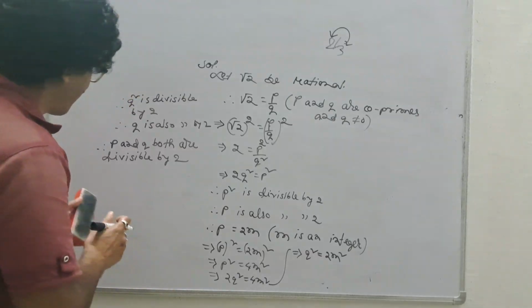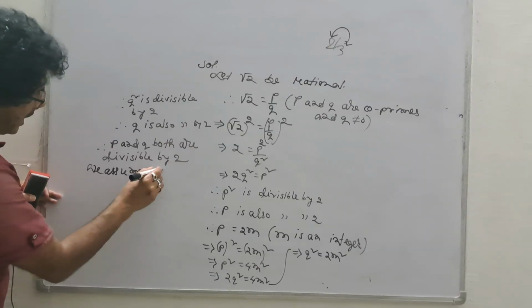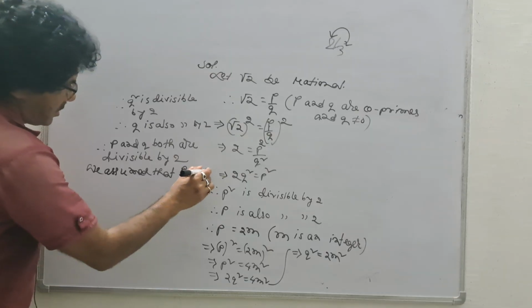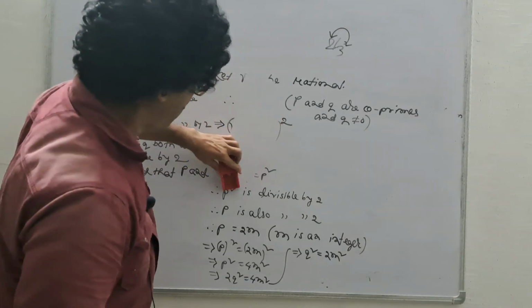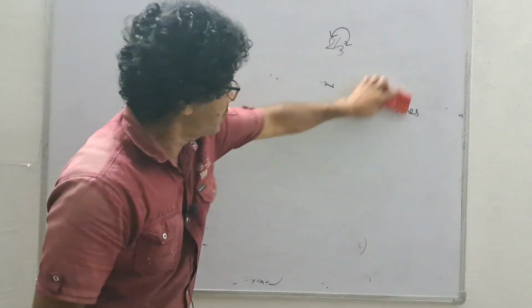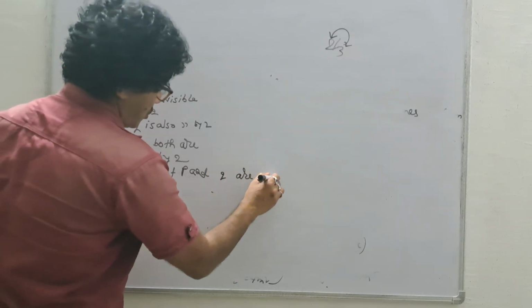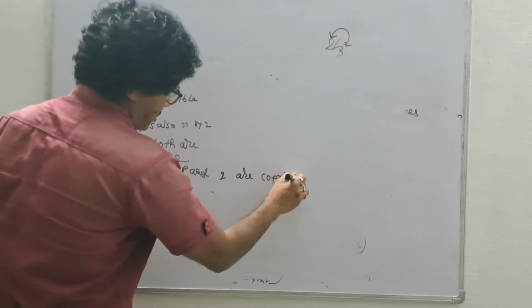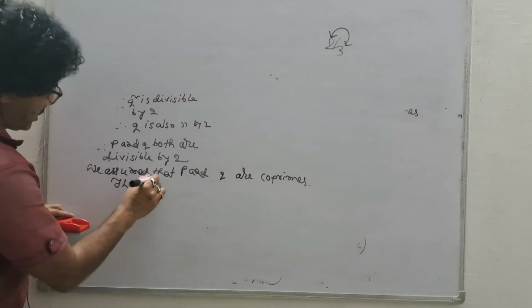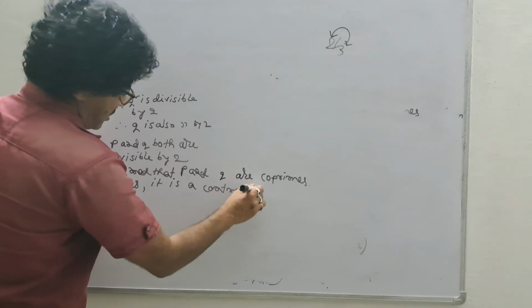It is irrational. We assumed that p and q are co-primes. Thus, it is a contradiction.